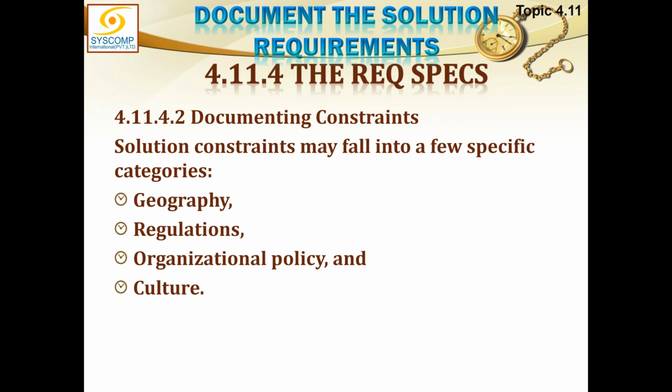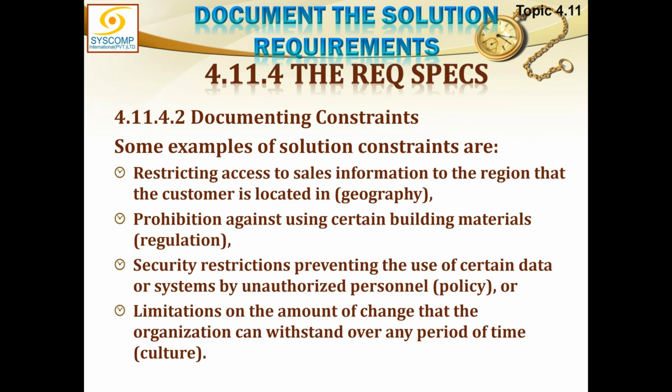Solution constraints may fall into a few specific categories. Solution constraints could be geographical, they can be about the regulations, they can be about the organizational policy or the culture. Some examples of solution constraints are restricting access to sales information to the region that the customer is located in. This is regarding geography.